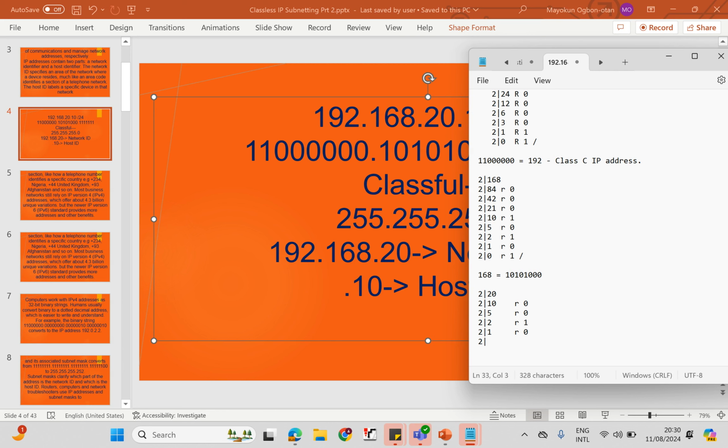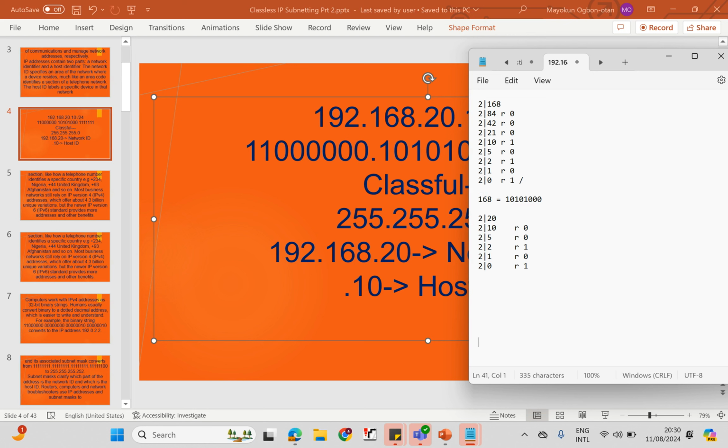And then 2 in 1 is 0, remainder 1. So in other words, 20 in base 10 equals 10100.